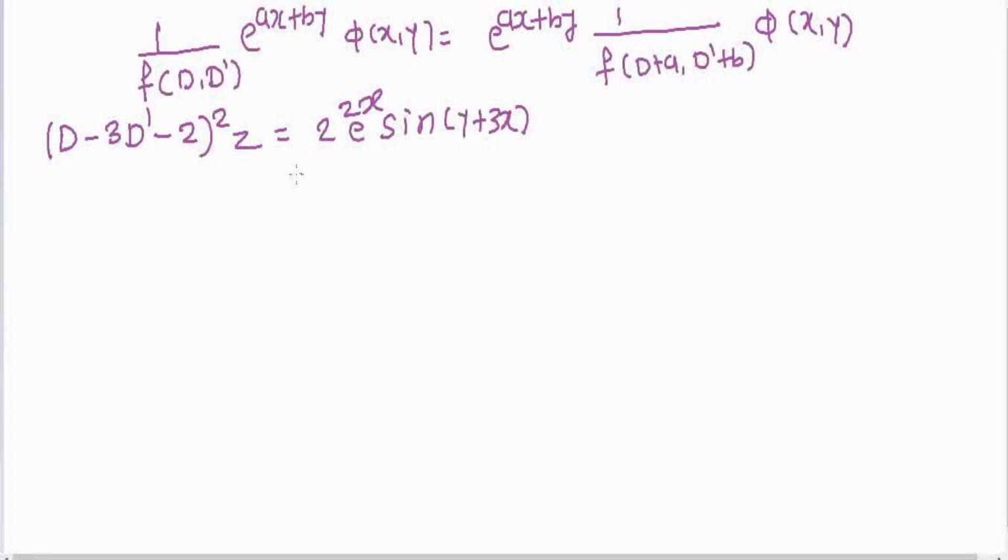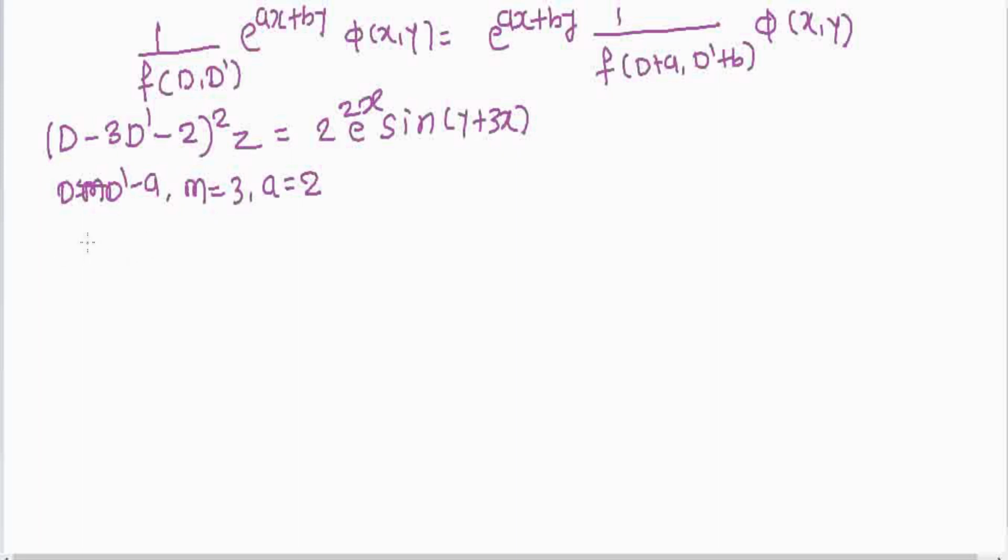Now, if we compare this with the operator (D minus mD dash minus a), then we have m equal to 3 and a equal to 2.